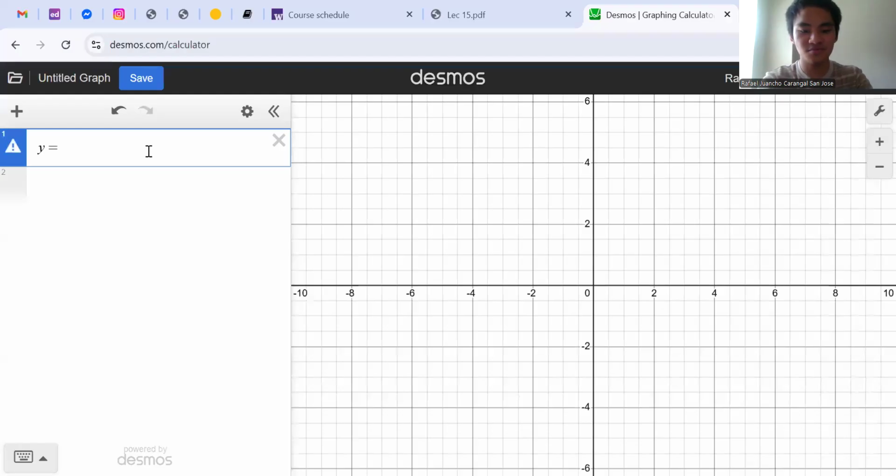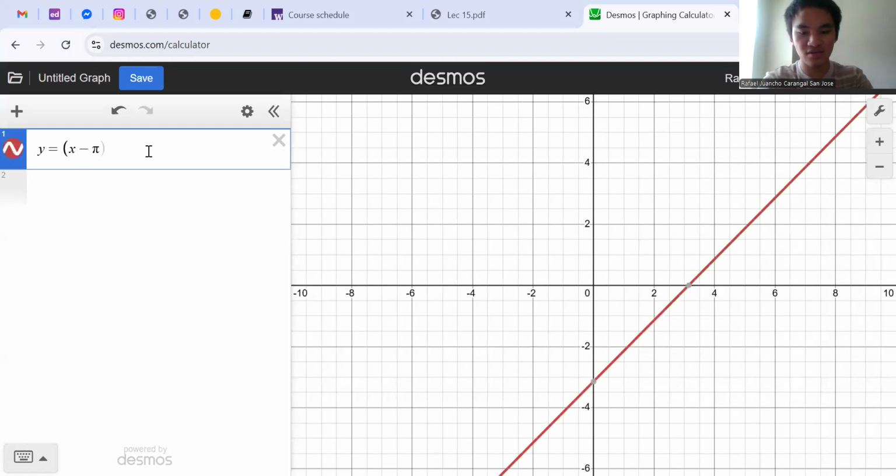And so if we were to actually look at that graphically, let me look at that graphically. I'm going to plot the function, and it should be 3.1416. Let me do that. So I have a function x minus pi.